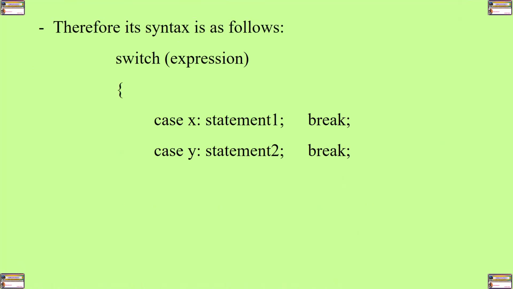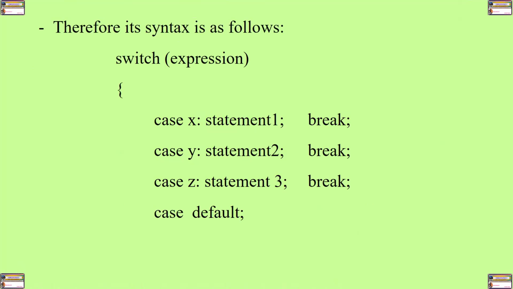And once that is done, the compiler or the translator will encounter the reserved word break and exit out of the structure. Otherwise, if the expression evaluates to z, then statement 3 will be executed and the compiler or the processor will come out of the structure and evaluate the next statement within the code.